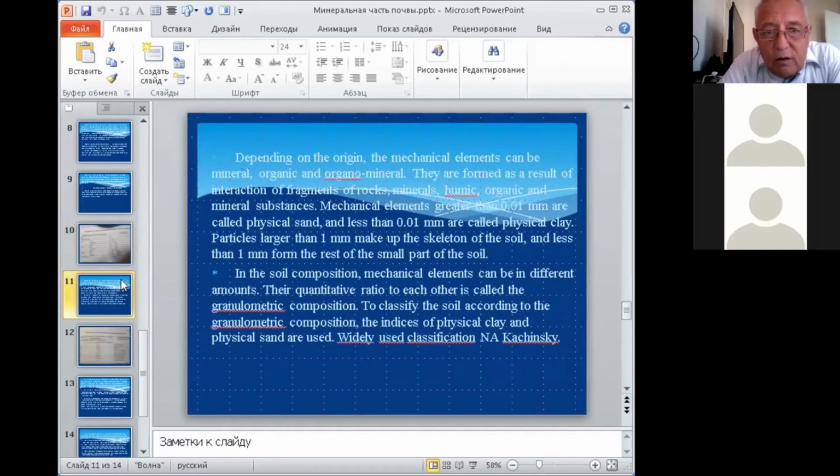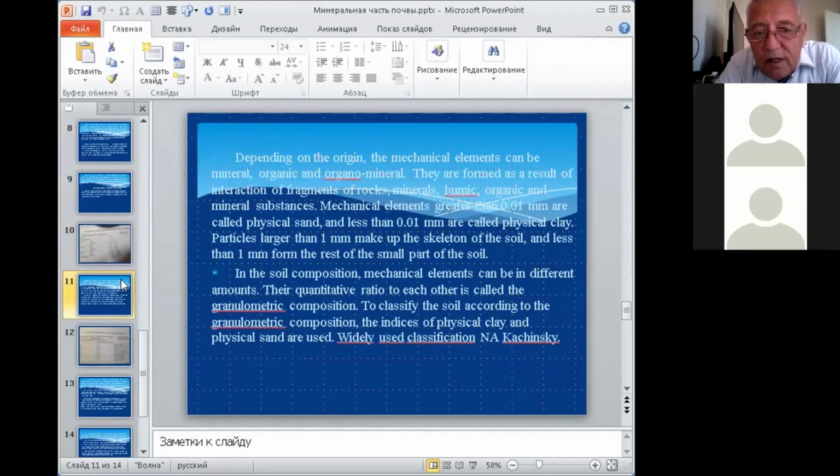Depending on the origin, mechanical elements can be mineral, organic, and organomineral. They are formed as a result of interaction of rock fragments, mineral, humic, organic, and mineral substances.